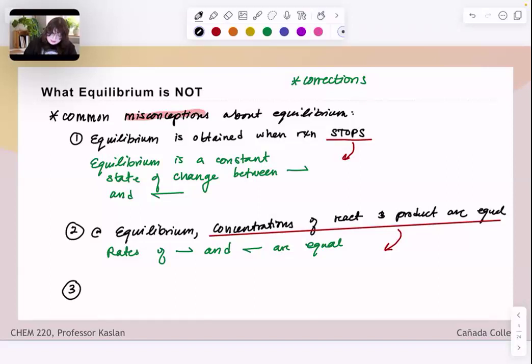And then I think the last misconception is more of a technical one, and it's kind of the product of lazy language, I think. So the third common misconception people have when they think about equilibrium is that their chemical reaction is two separate, discrete processes that are exchanging.